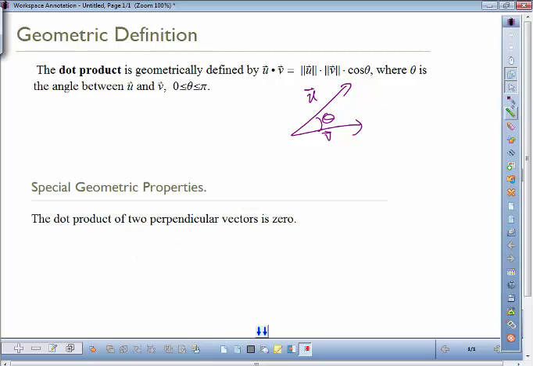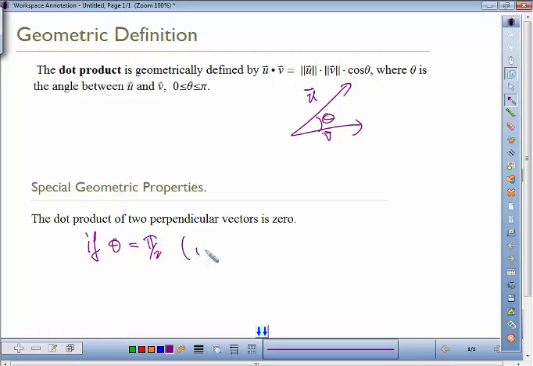So if theta equals pi over 2, i.e. the vectors are perpendicular, so the angle between them is 90 degrees, then u dot v equals 0.